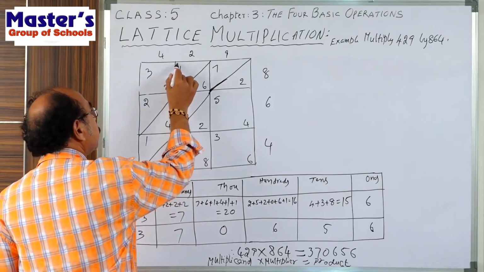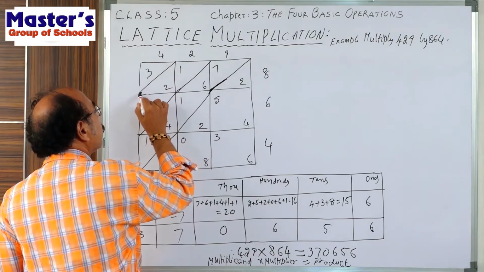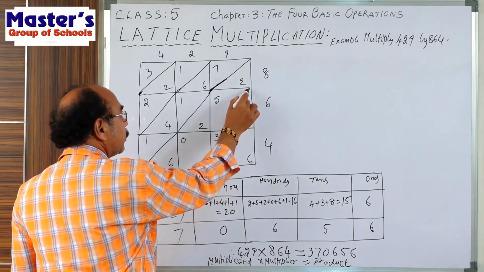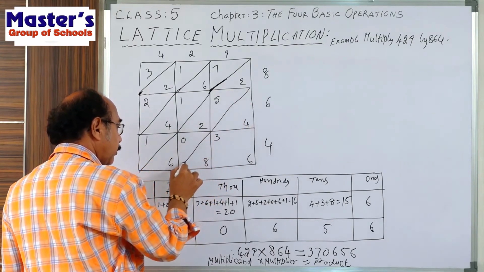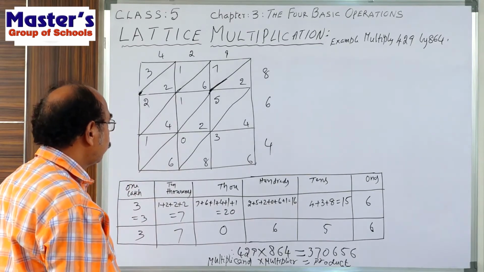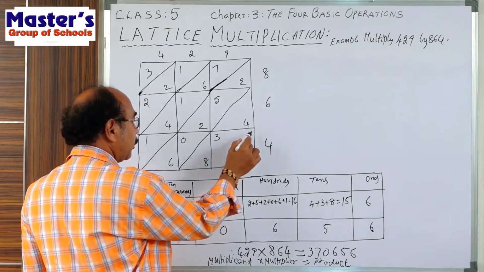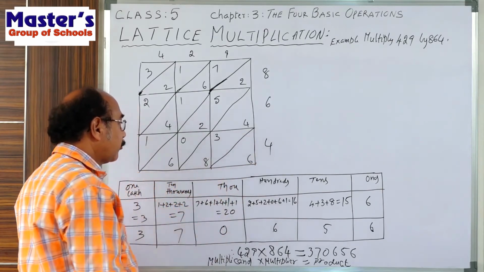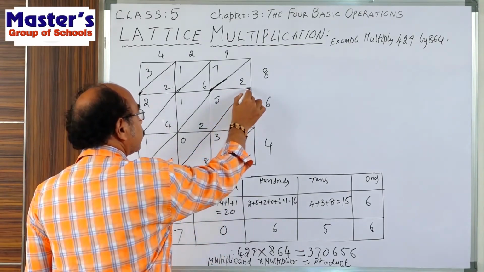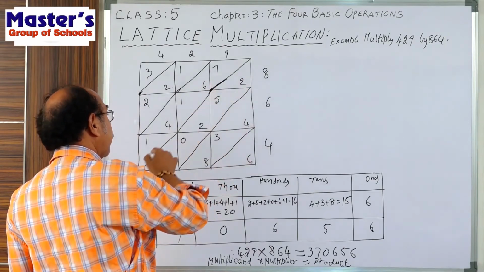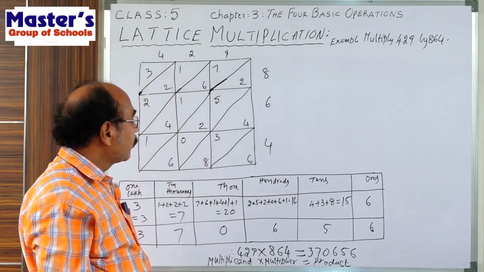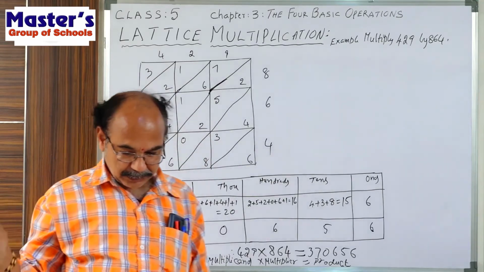And here also. And here you see, you show the diagonal like this. And here also you can show the diagonal. Children, this is the diagonal. Here one diagonal, here one diagonal, here one diagonal. Each box is diagonally divided.